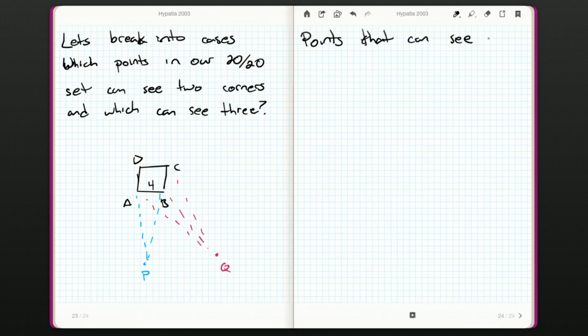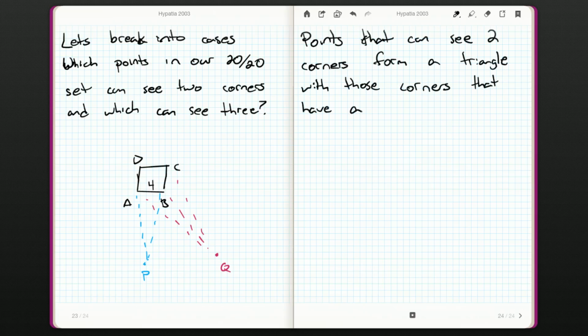So points that can see 2 corners form a triangle with those corners, and they have a side of the square as a base.